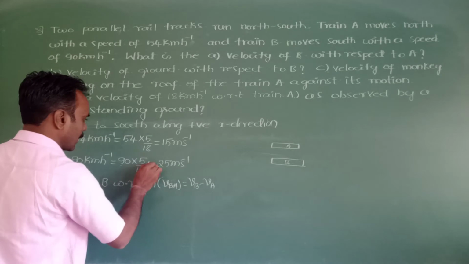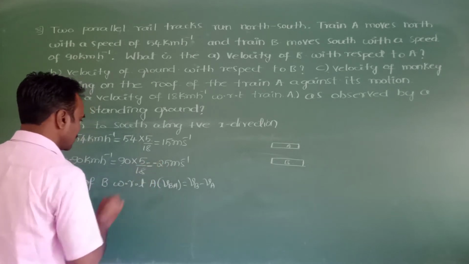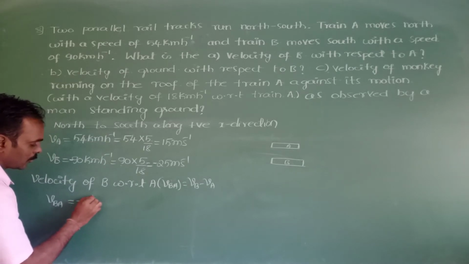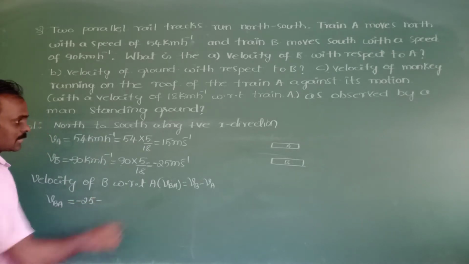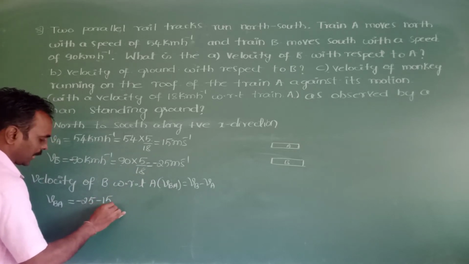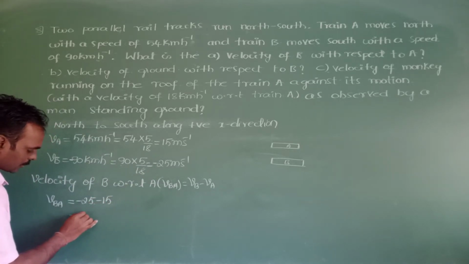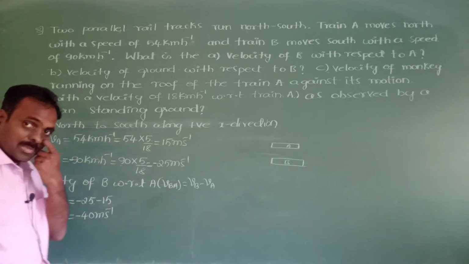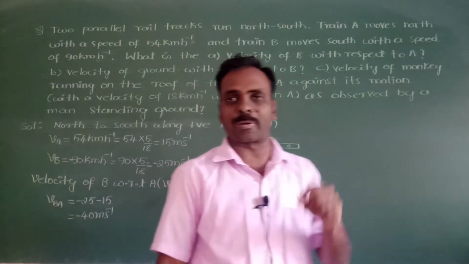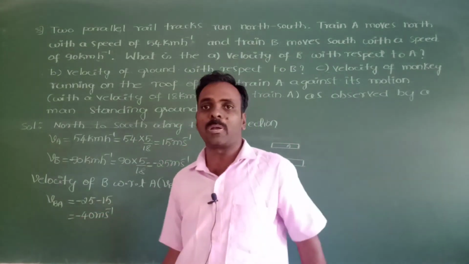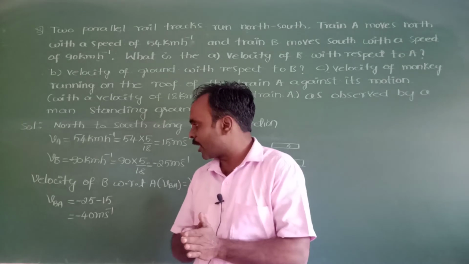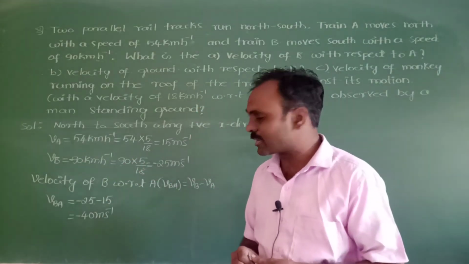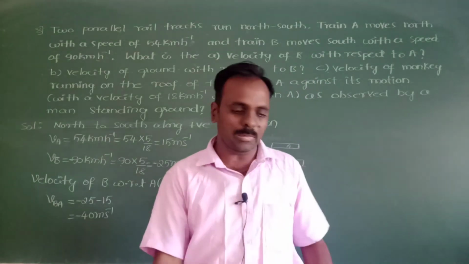VB is, here I will take this one as negative, minus 25 minus 15, so that velocity is minus 40 meter per second. The relative velocity of B with respect to A is minus 40 meter per second. Suppose if we have calculated the velocity of A with respect to B, then what is the velocity? It is plus 40 meter per second.